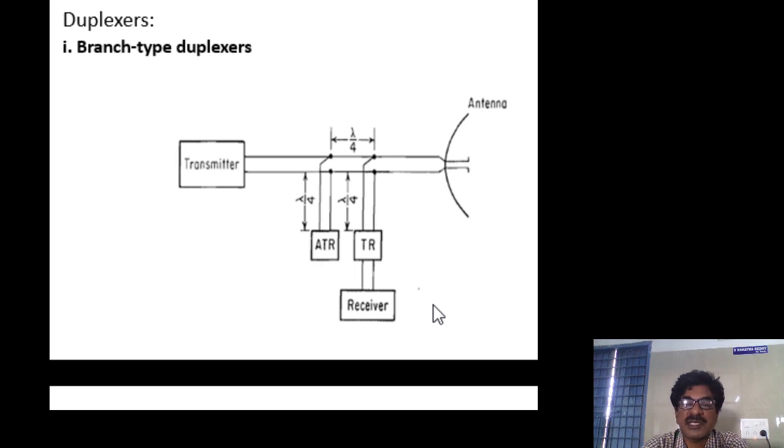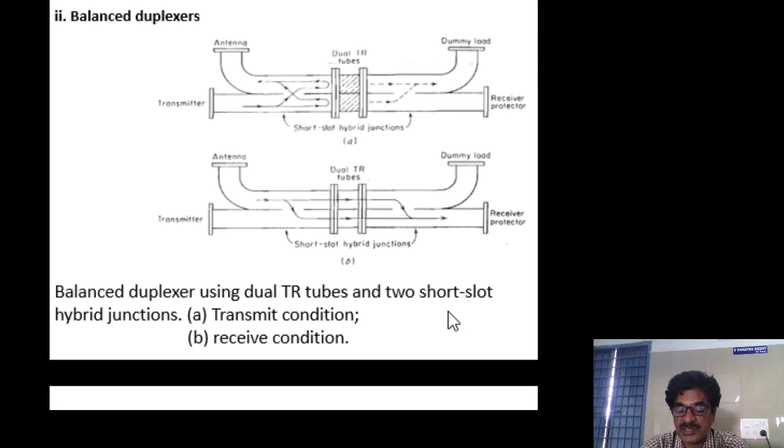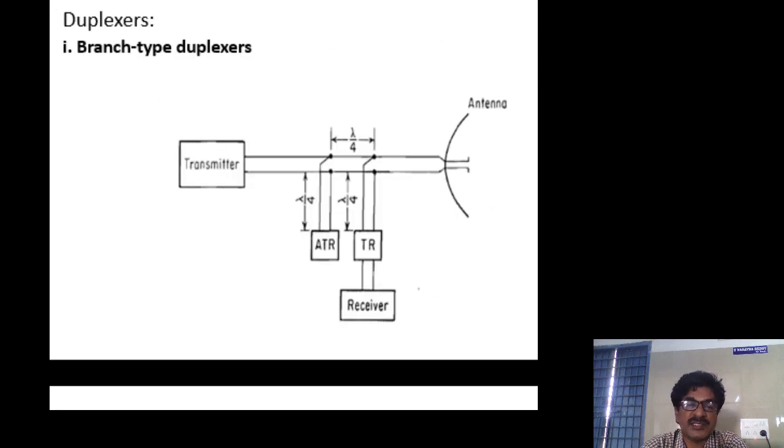Usually, to get such isolation, two antennas are used, one antenna for the transmitting action and another antenna for the reception action. But here a single antenna does both actions, with the help of the duplexer. That is the use of the duplexer arrangement.